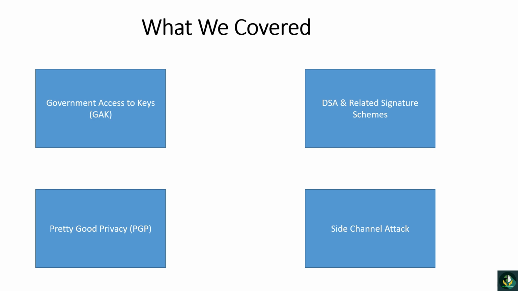We also looked at the DSA and the related signature schemes. We talked about digital signatures, and I gave you some of the standards that apply to that, and the importance of implementing your cryptography properly.